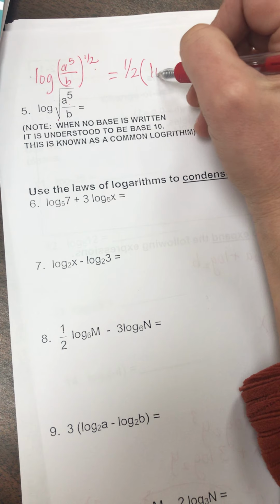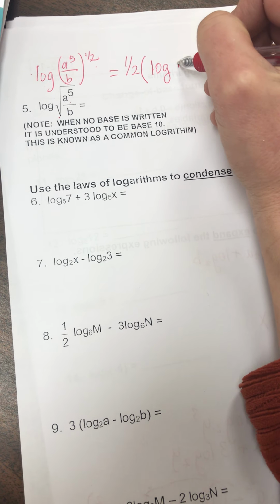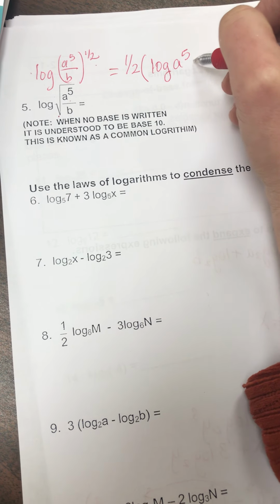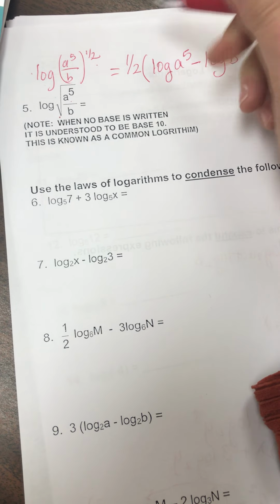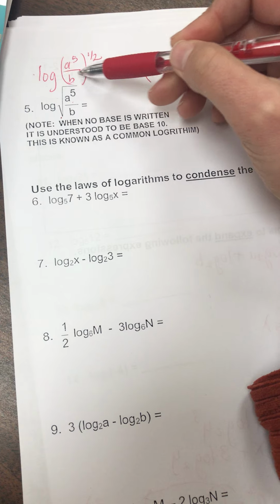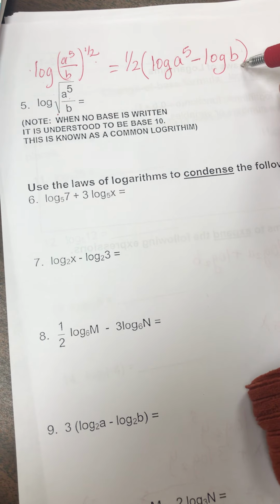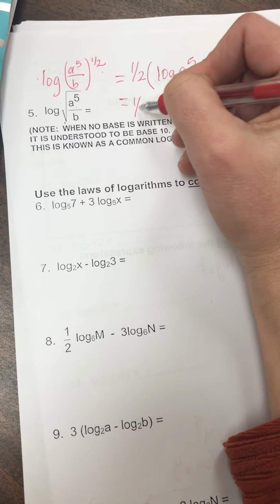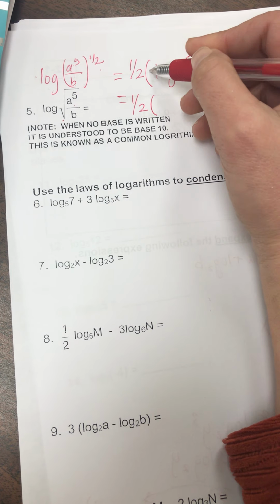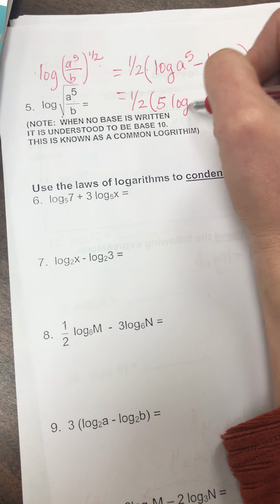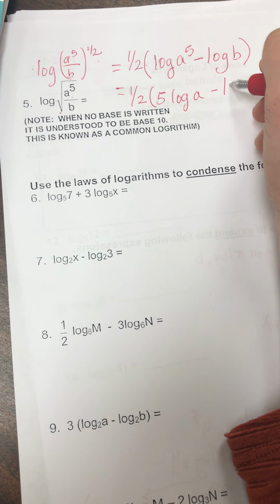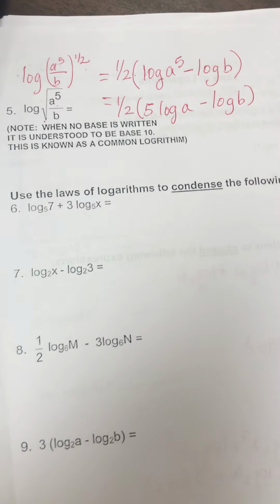And you have log of a to the 5th minus log b. Because remember, this is a minus sign when you have division. So now the last step would be to write 1/2, and you're going to have the 5 for your exponent. It's going to come out front in front of the log a minus log b. So that's your answer.